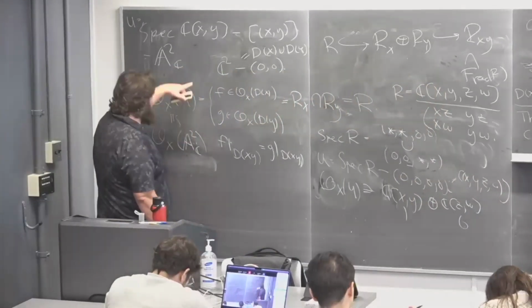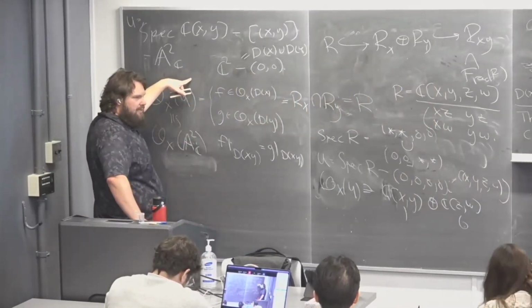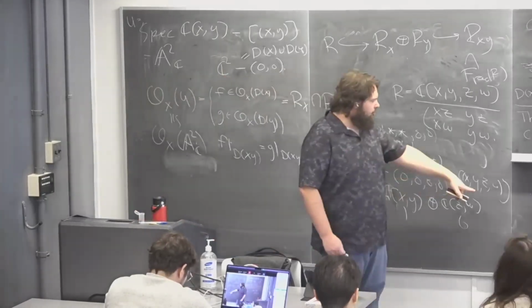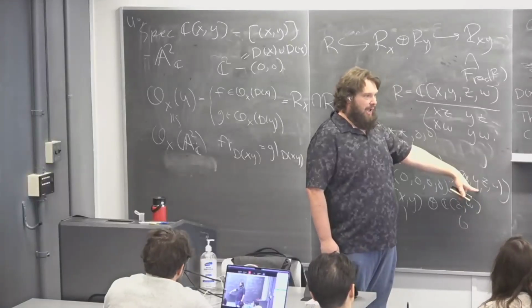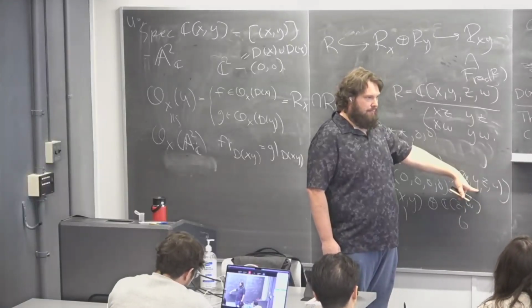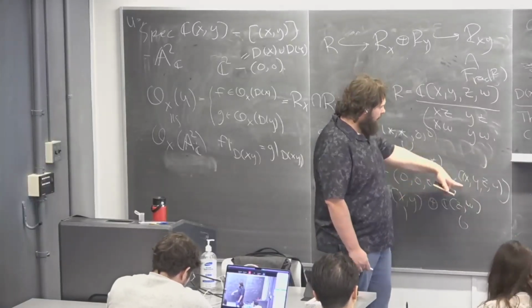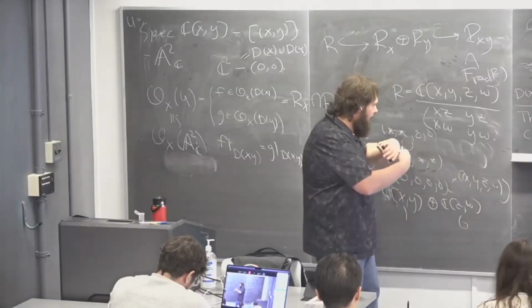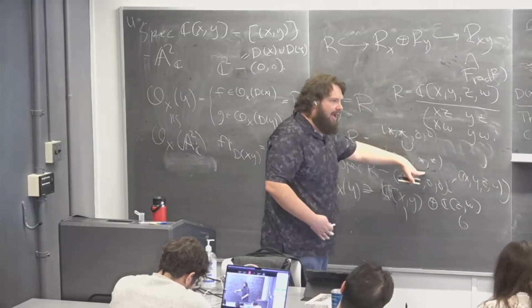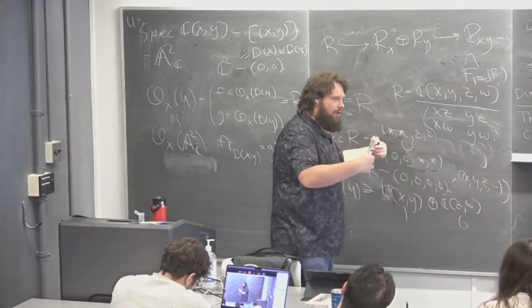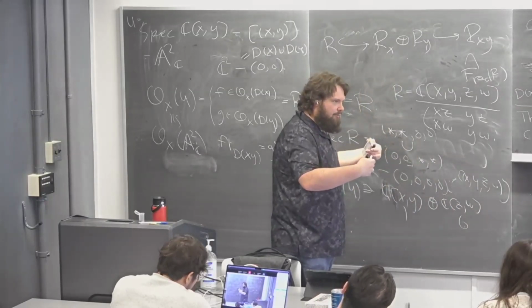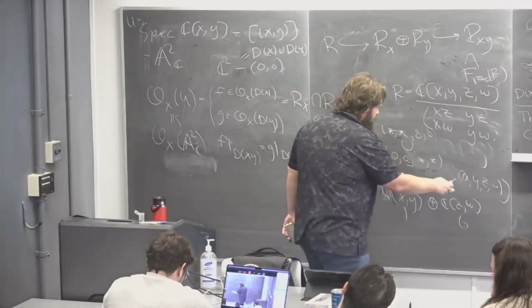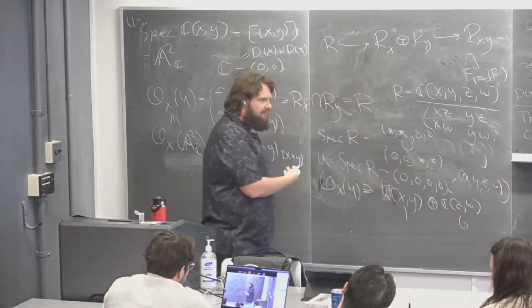And for the same reasons that the origin can't be cut out by a single function here, there's no single function that picks out this point as its zero set. If I take any polynomial in the X, Y, Z, and W, on this set and on this set, I'll still get one-dimensional subvarieties, or the whole thing. So I can't pick out this origin with a single function.